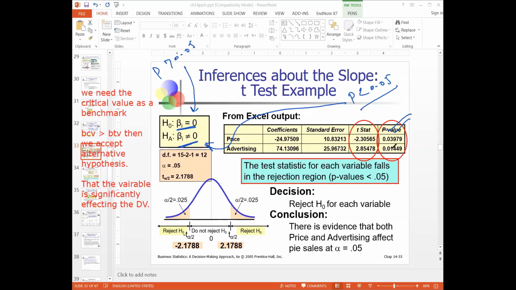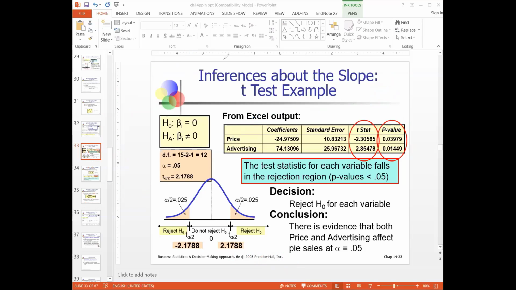Here both are less than 0.05, so you can put a star here in your projects and write at the bottom that it is significant at the 5% criteria because they are smaller than 5%. So the conclusion is both of the variables are significantly affecting the sales of the pie. Let's go to the next point.